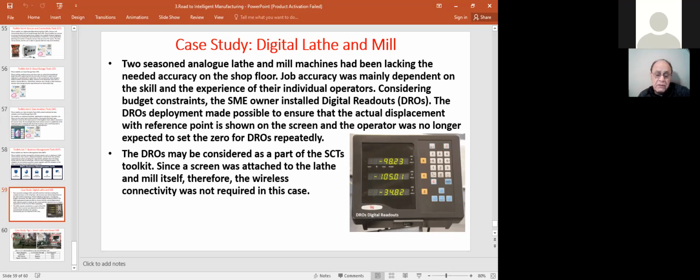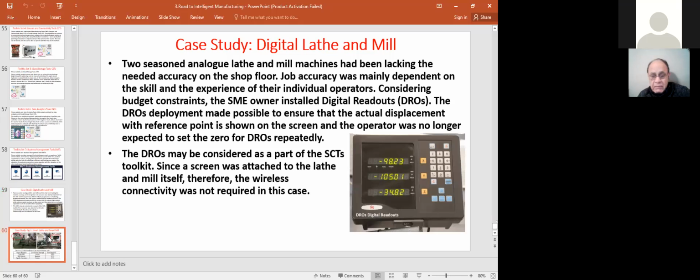A manual worker has to change himself into a computer user, and needs to develop the ability to work on digital readouts.